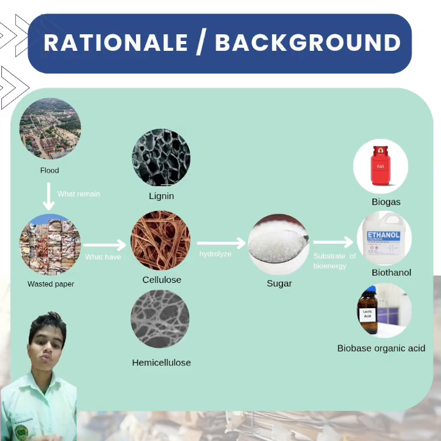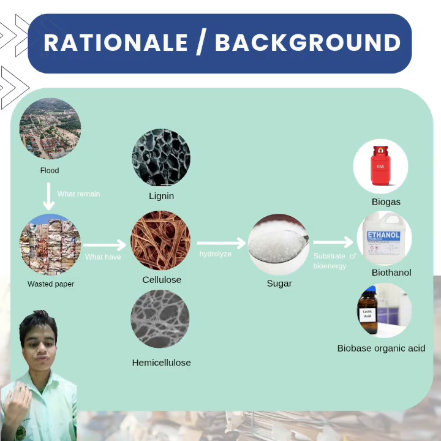Waste paper, however, is a lignocellulosic biomass mainly composed of cellulose, hemicellulose, and lignin. This can be hydrolyzed into fermentable sugar, especially glucose, which serves as a key carbon source for bioenergy production such as bioethanol, biogas, or organic acids.